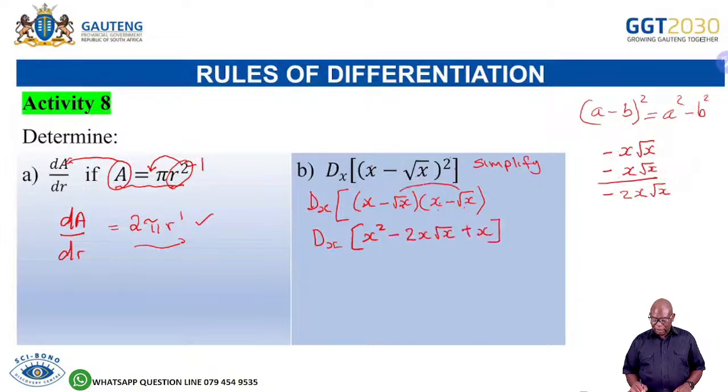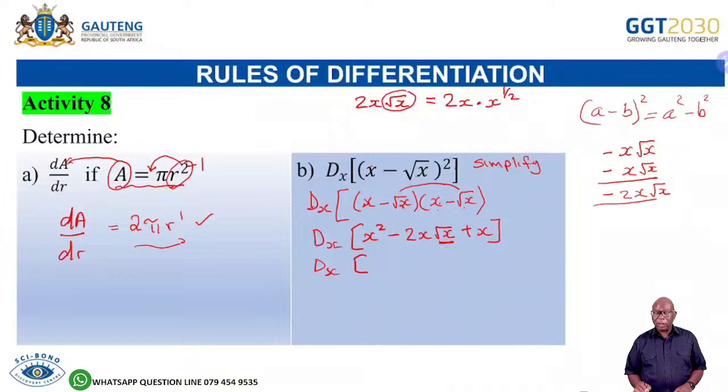But still I have not differentiated, so I'm still simplifying. What am I simplifying now? This square root here, I must change it. So 2x root x. I know root x can be changed to 2x times x to the power of half. You have done exponents.